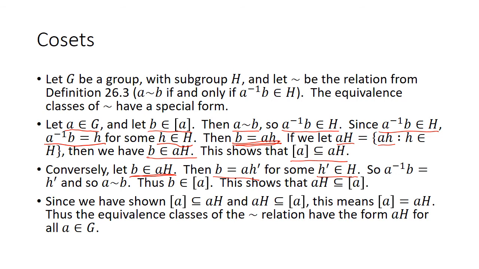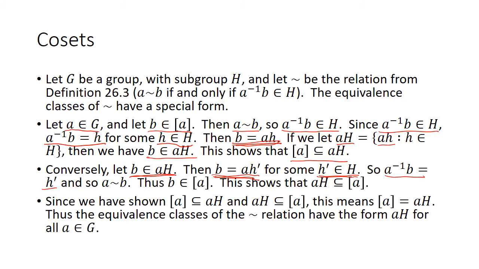So if h' is in H and B equals Ah', then we can multiply both sides of this equation, B equals Ah', on the left by A inverse and get the following equation. A inverse B equals h'.